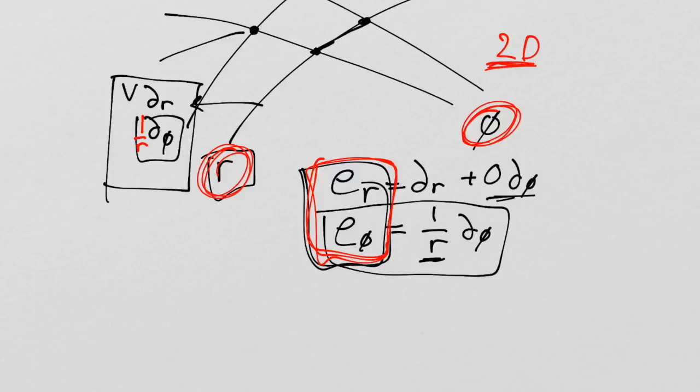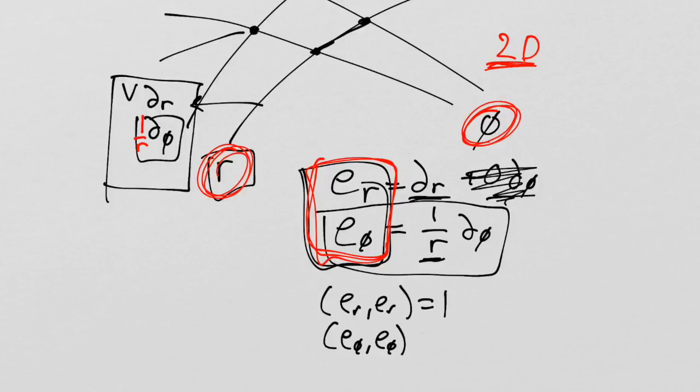But what's really nice is that in this particular system, the inner product of ER with ER still equals 1, right, because I haven't changed that at all. E phi with E phi now actually equals 1, and ER with E phi equals 0. So these two guys are in fact orthonormal.